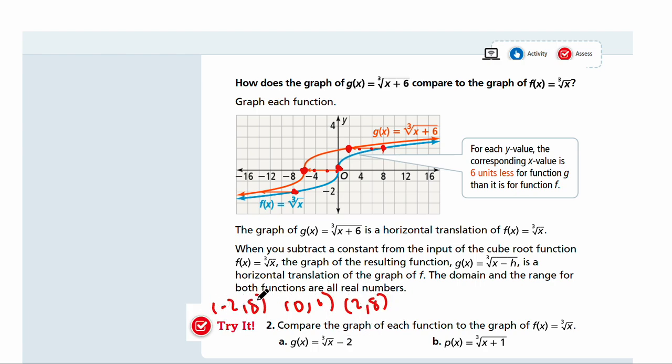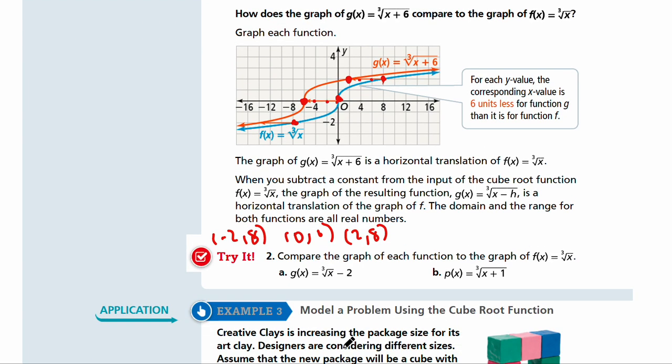Compare these points. For the new function, you have 0, negative 2. Sorry, it's 8, gotta switch that.